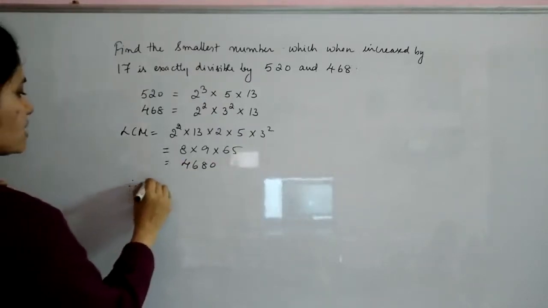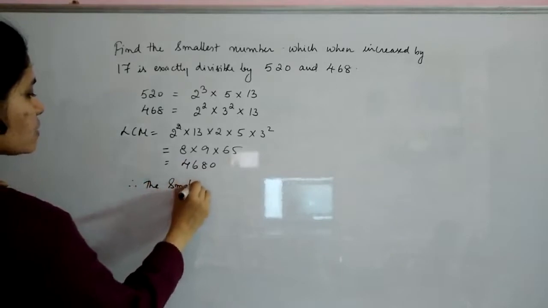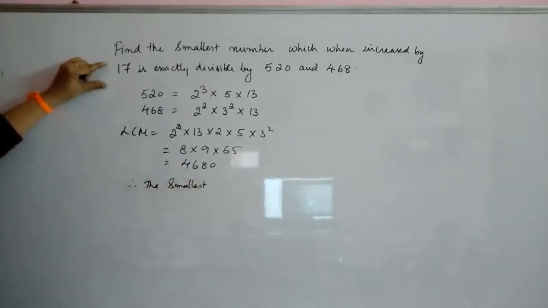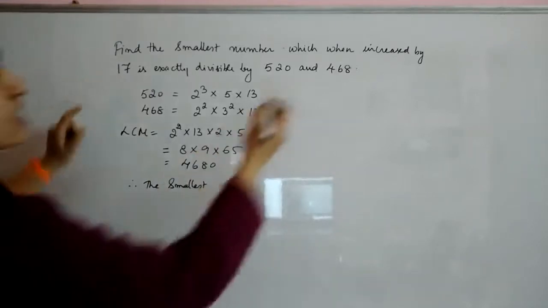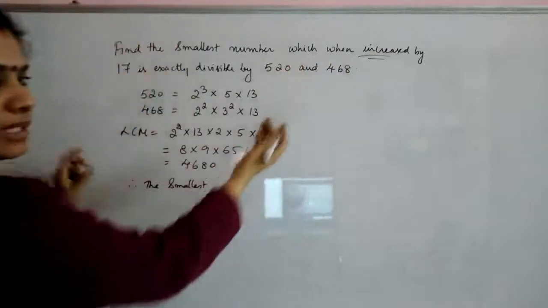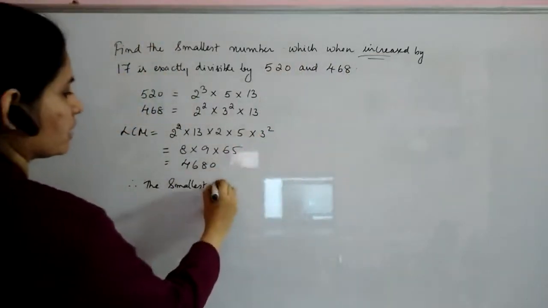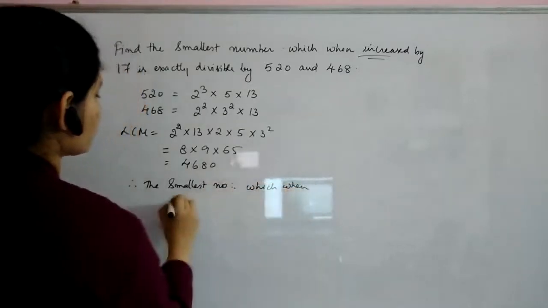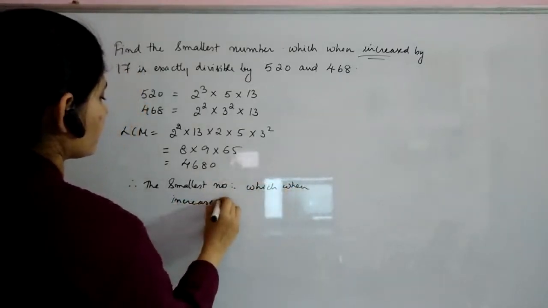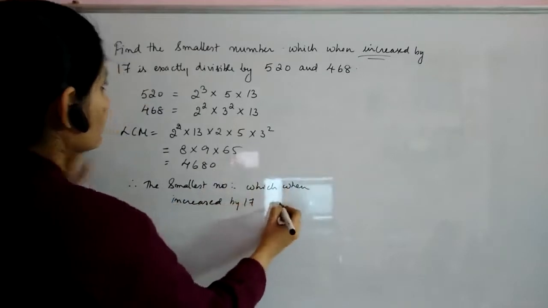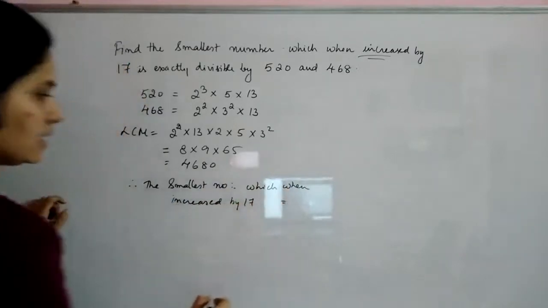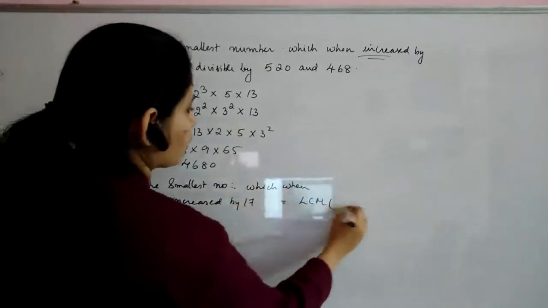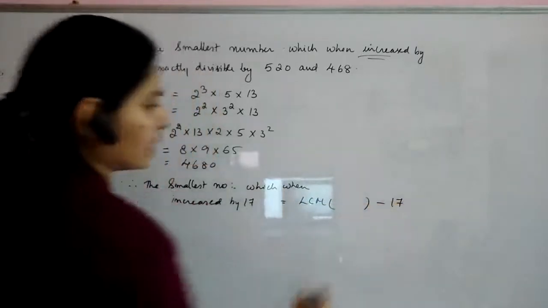Now, since you need to find out the smallest number which when increased by 17 is exactly divisible by these two, you have to reduce the LCM by 17. Therefore, the smallest number will be the LCM of these two numbers minus 17.